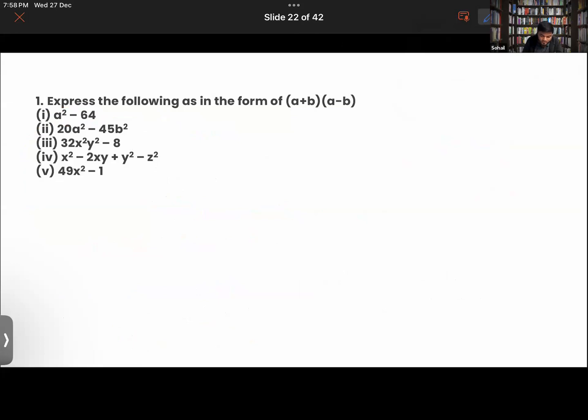Question number 3, that is 32x square y square minus 8. You guys suggest how should we write this?